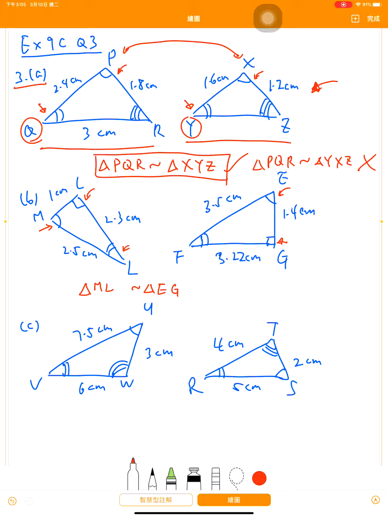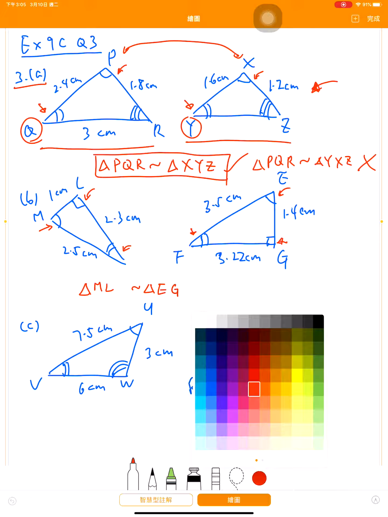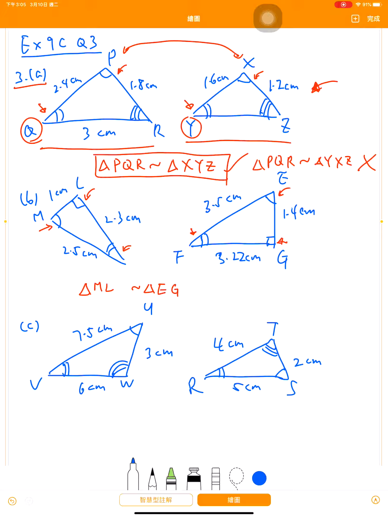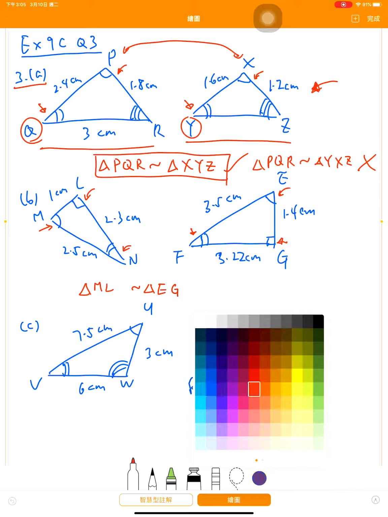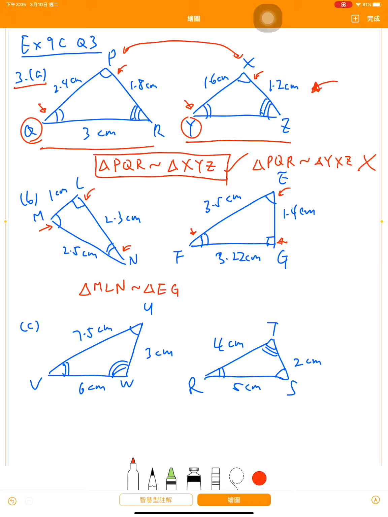For the last one, easy, right? Sorry. This one should not be L, should be N. So this one, N, should be corresponding to F. Okay, so we have these two triangles become similar.